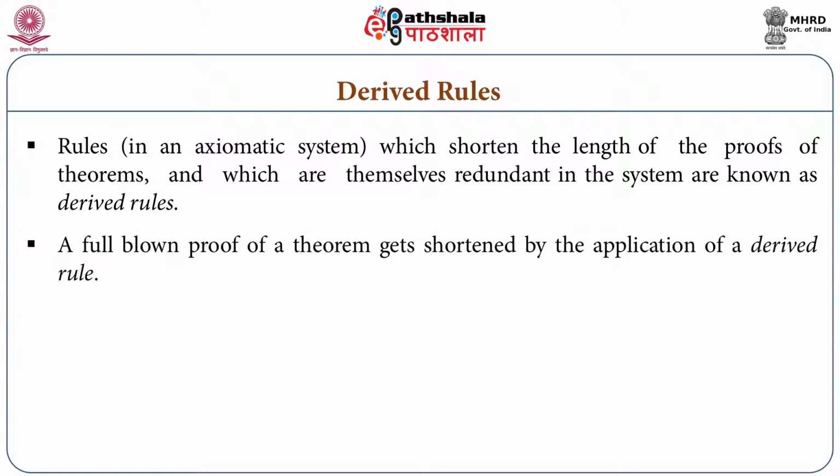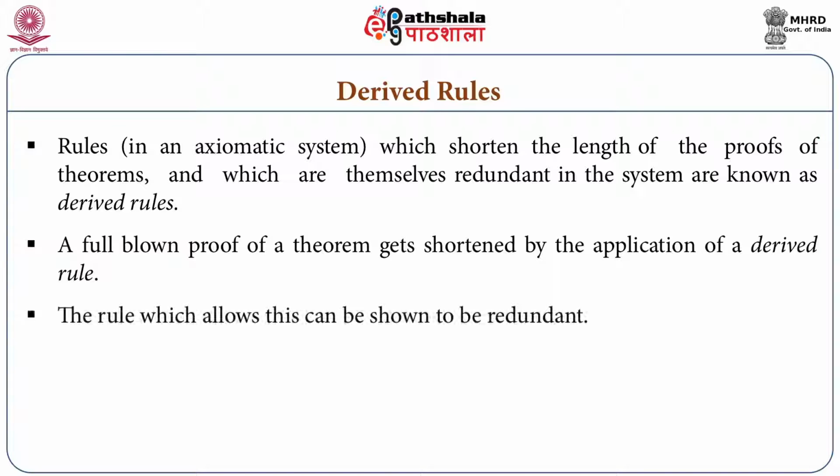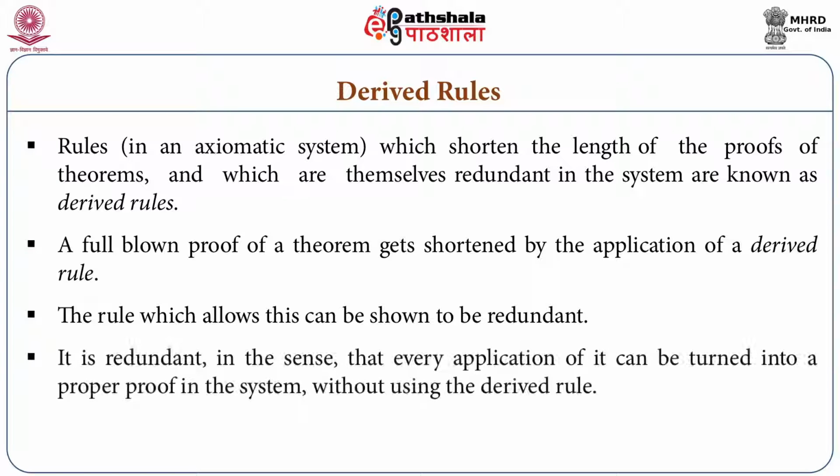So in other words, derived rules help us to shorten the length of the proof. The second point is that it is redundant. Redundant in the sense that these rules are not new, or that even without these rules we can derive some theorems, or more importantly, a full proof of this theorem, these derived rules can be provided.